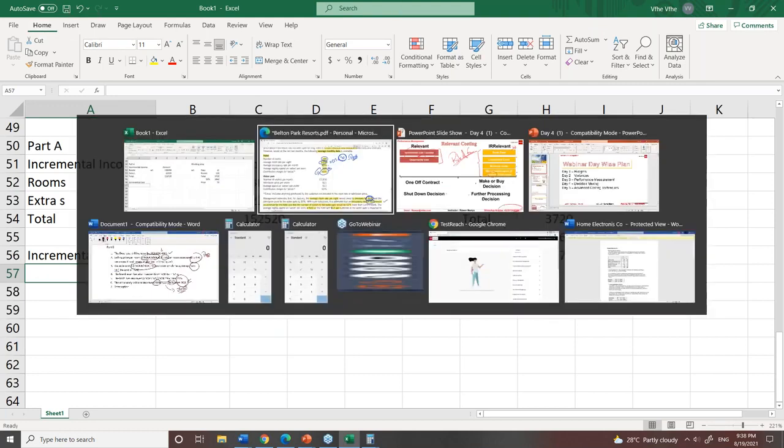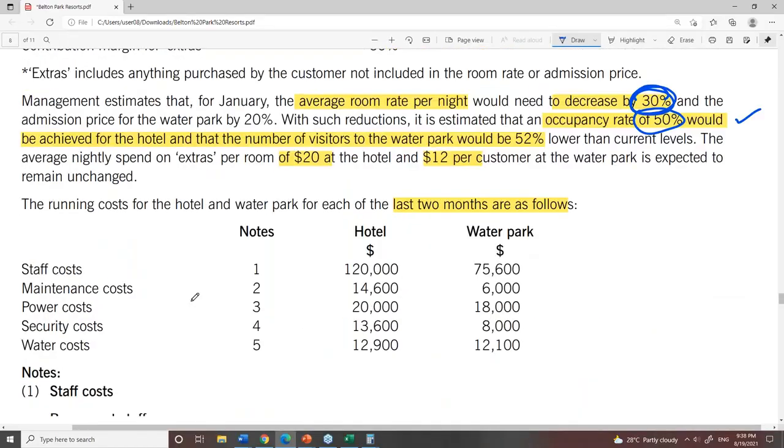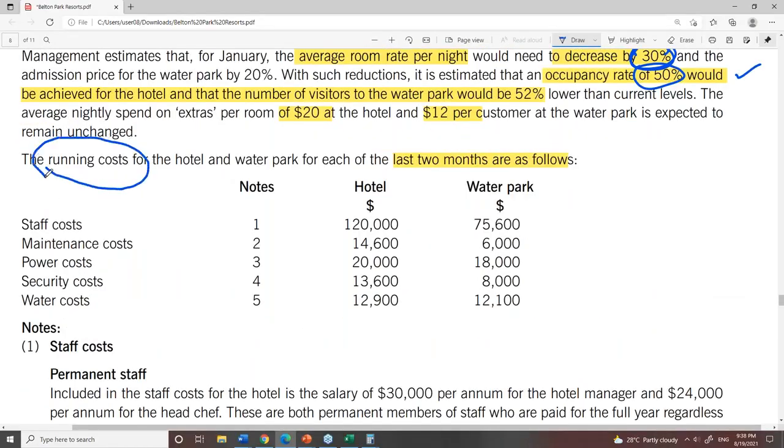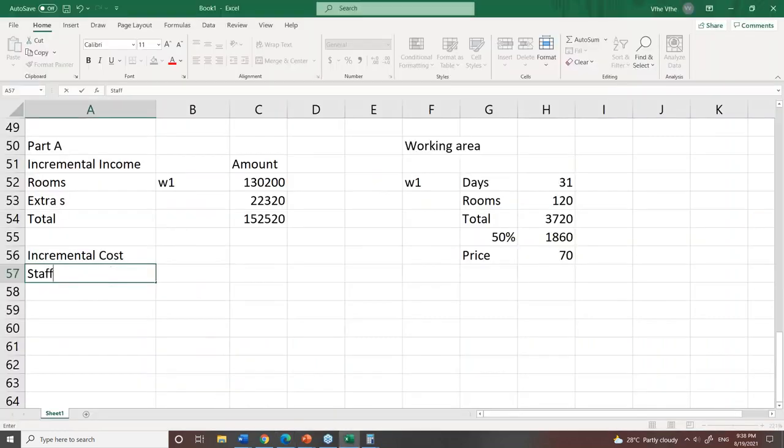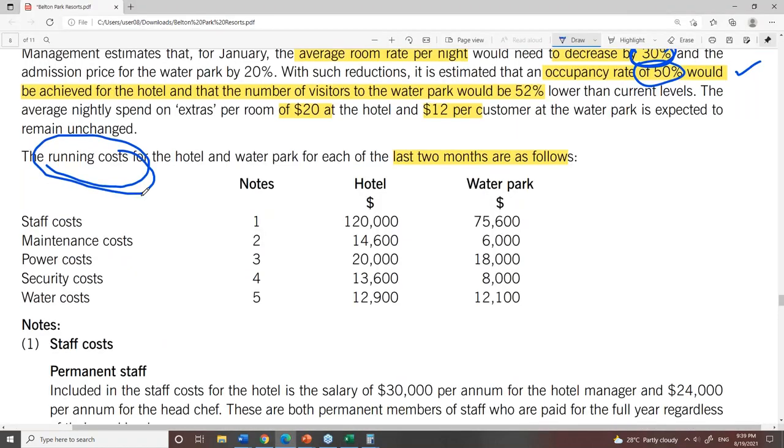First is, it says the running cost. This is running cost. Okay. So that's staff cost first. So let's read. Permanent staff.